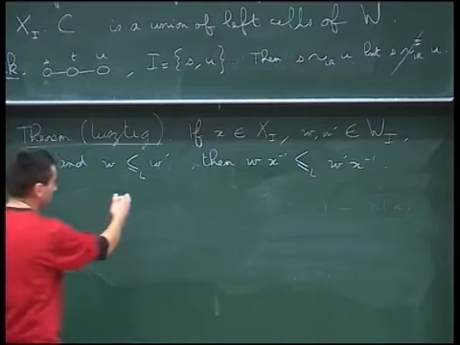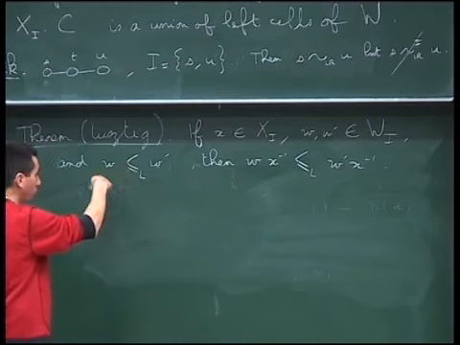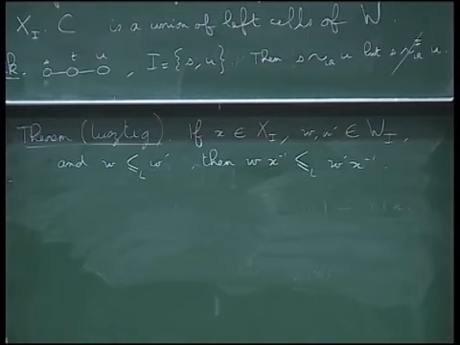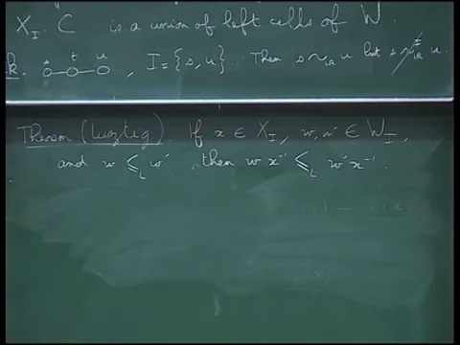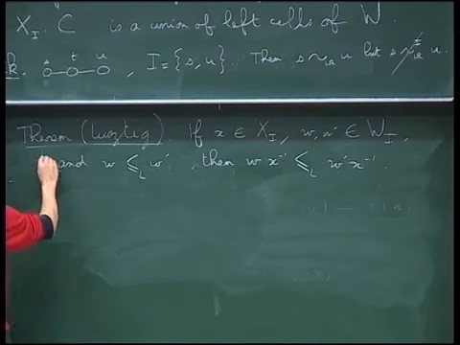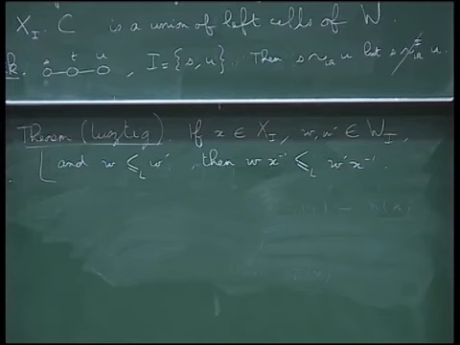So this, in some sense, tells you that if you know some relations inside a small group, then you can obtain relations inside the big group. So in some sense, it gives you a lower bound for the left cells. Unfortunately, the lower bound and the upper bound don't coincide, for otherwise it would be too easy. And so the problem of computing the left cells is not solved only by these two theorems.